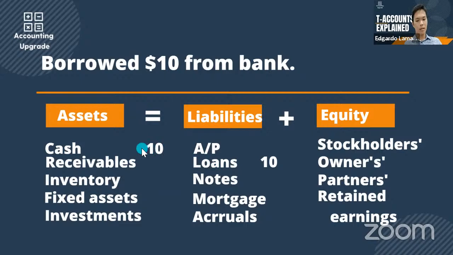You now have $10 of total assets and $10 of liabilities. The assets of $10 and the liabilities of $10 are equal, so the accounting equation is balanced. Very easy, right? Do you have questions?